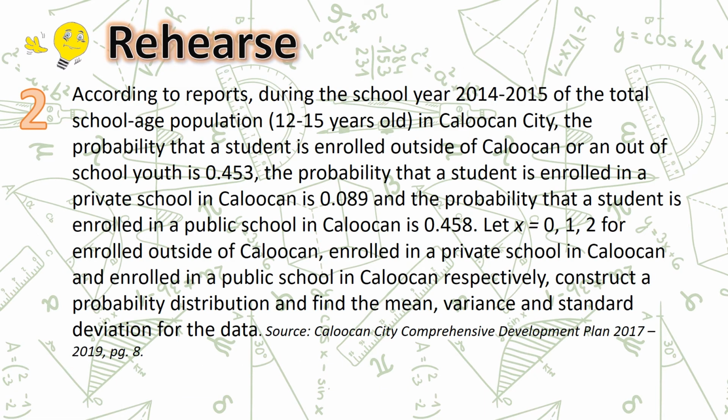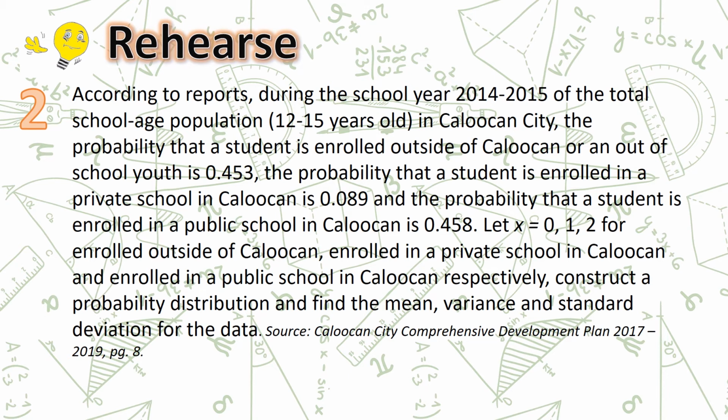Let's have question number 2. According to reports, during the school year 2014-2015, of the total school-age population, that is 12 to 15 years old, in Caloocan City, the probability that a student is enrolled outside of Caloocan or is an out-of-school youth is 0.453. The probability that a student is enrolled in a private school in Caloocan is 0.089.